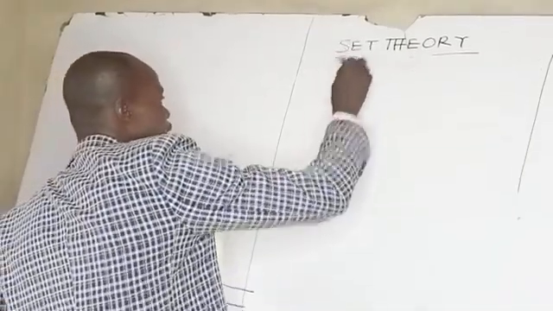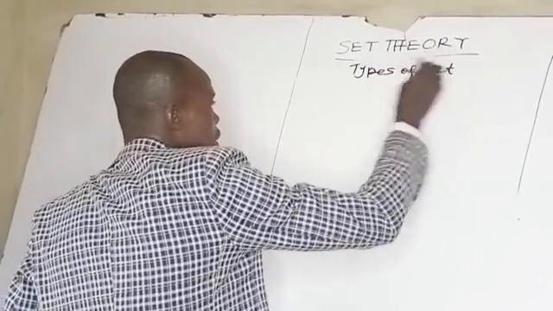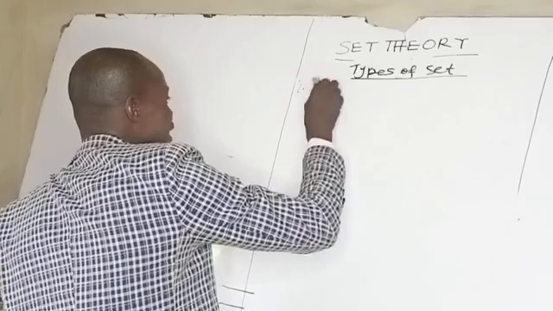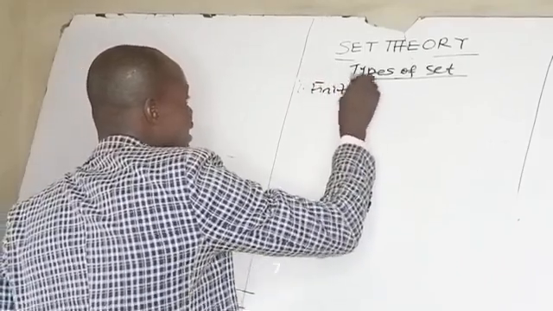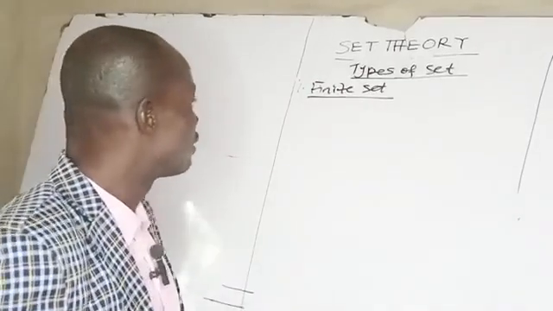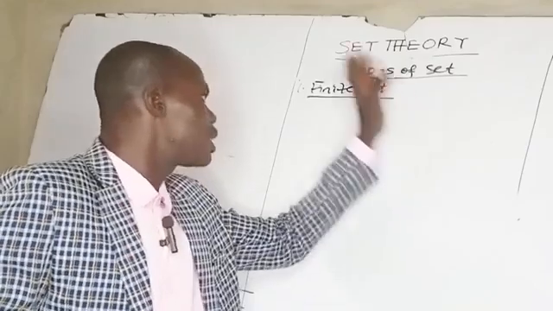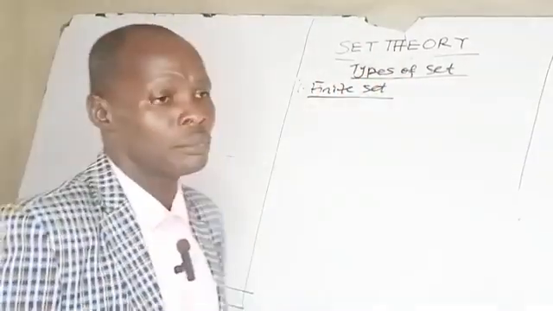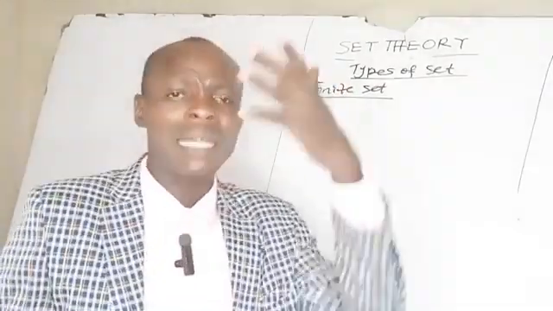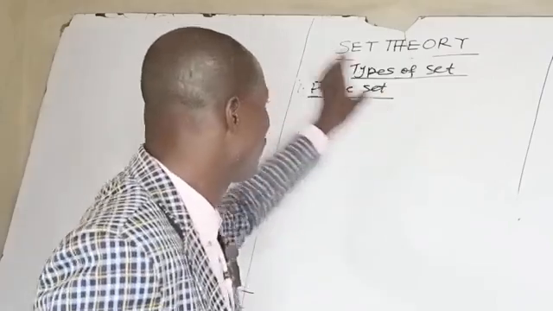Types of set. Number 1 type of set I'm going to examine is the finite set. A set is finite where its elements or members can be counted.